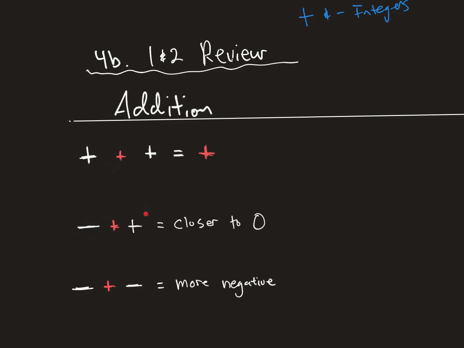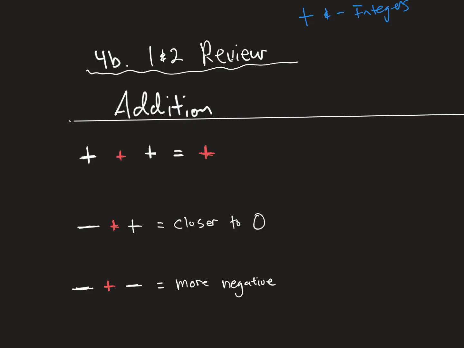If we have a negative number added to a positive number, this is very similar to subtraction, where we are moving closer to zero. If we have a negative plus a positive number, it's still going to be negative if the negative number is greater than the positive number, but we are moving closer to zero.